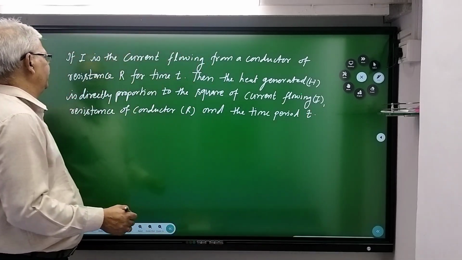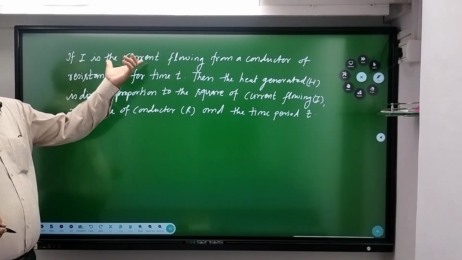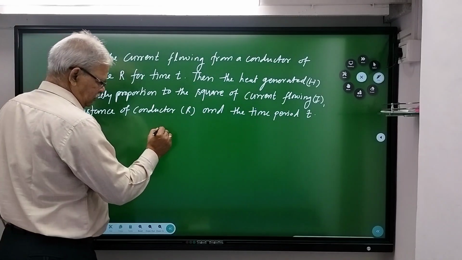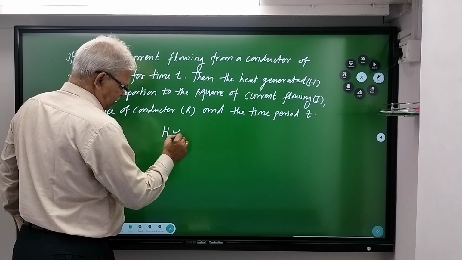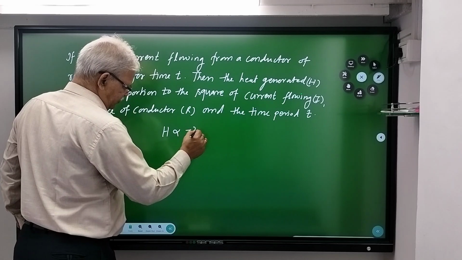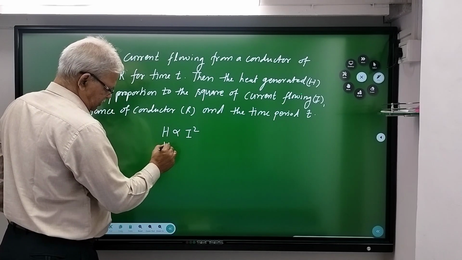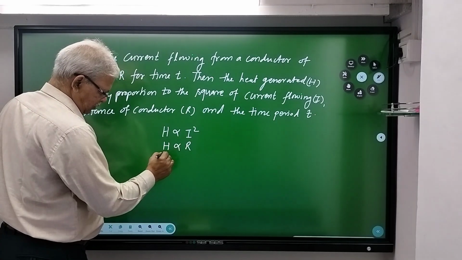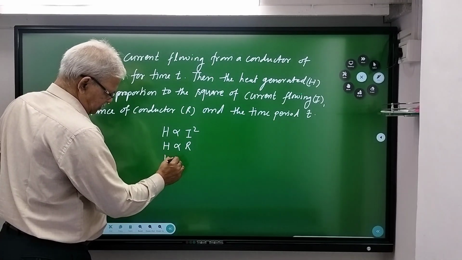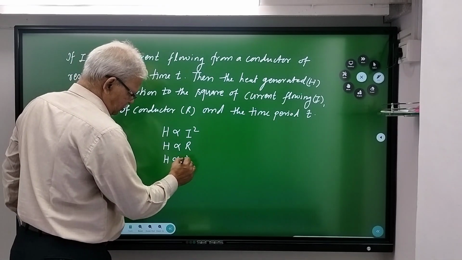This is the Joules law, represented as H is directly proportional to I square, H is directly proportional to R, resistance of the conductor, and H is directly proportional to T.